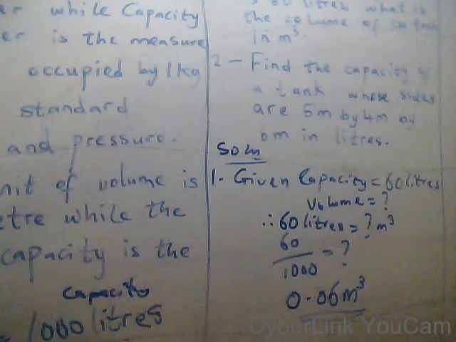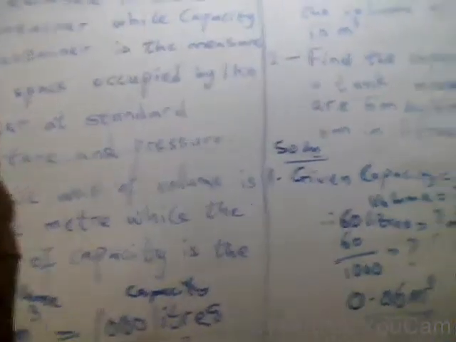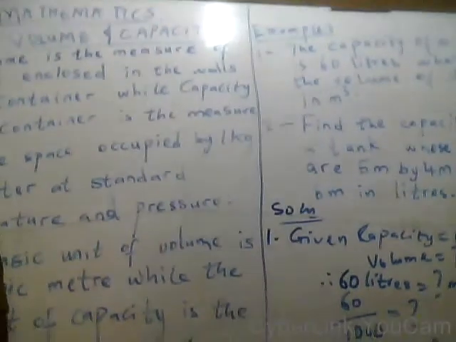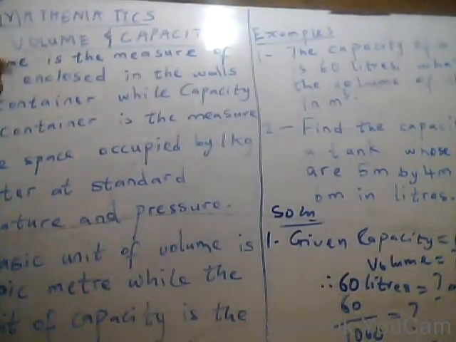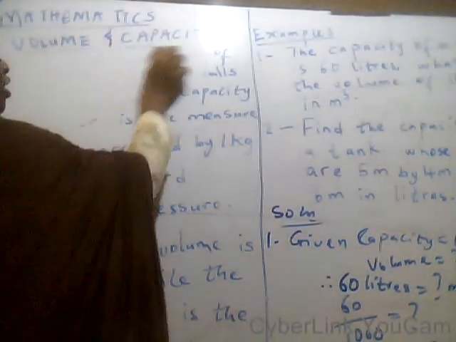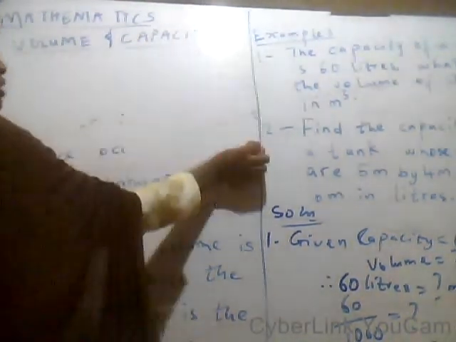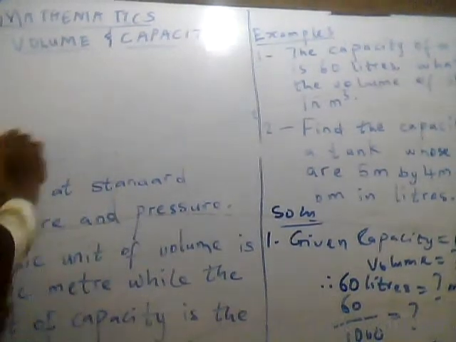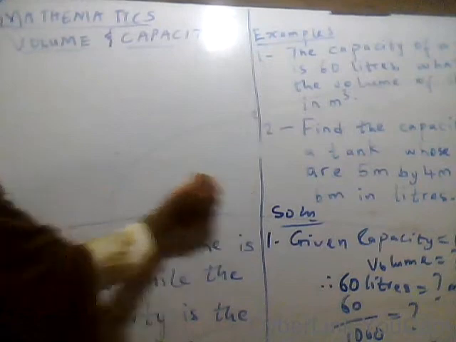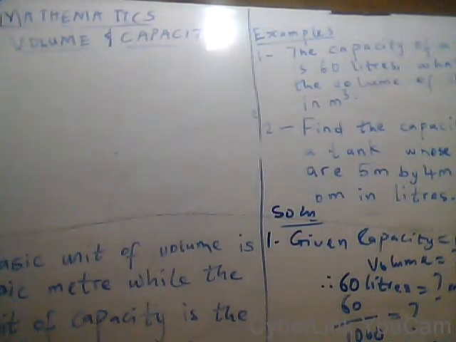Now, the other example. Let's go to the second example. The second example says we should find the capacity of a tank whose sizes are 5 meter by 4 meter by 6 meter, in liters.